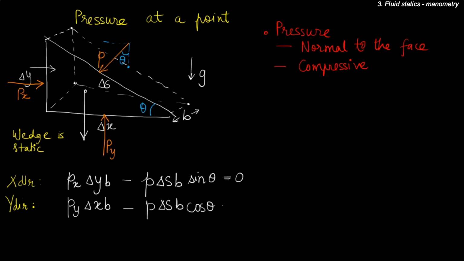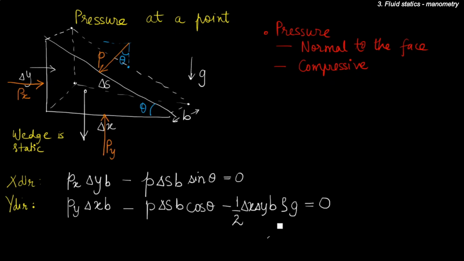So this will be minus half delta x delta y times b times rho. So this entity is the mass, because half delta x delta y times b is the volume of this entire wedge, times rho will be the mass, because mass equals density times volume, and this will be multiplied by g, and this will be equal to 0 for the condition of equilibrium.